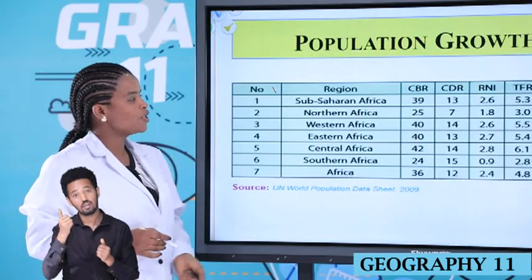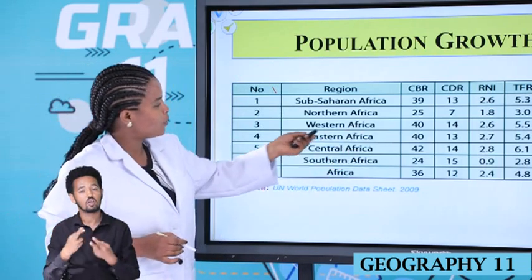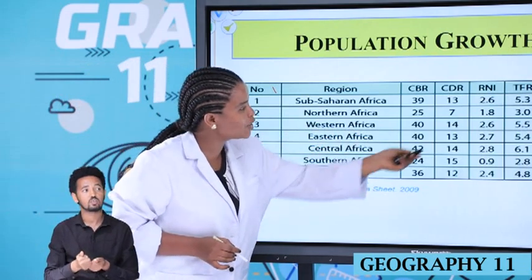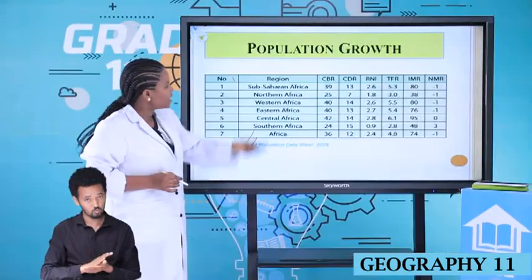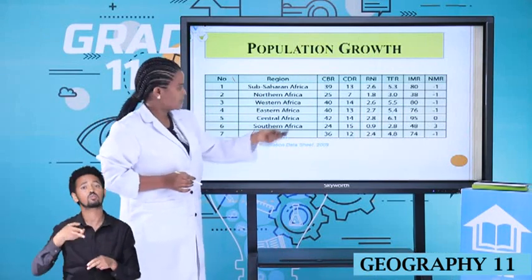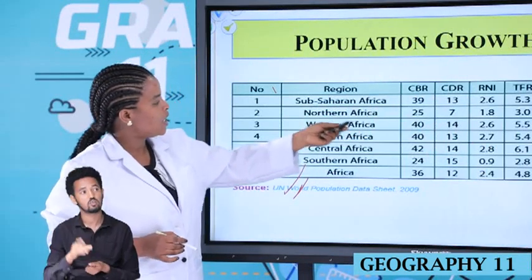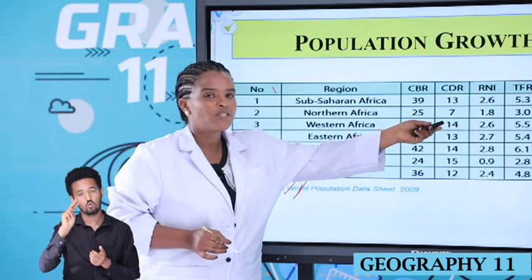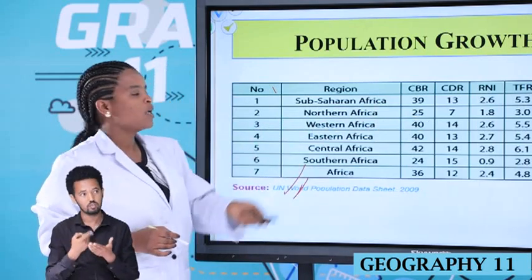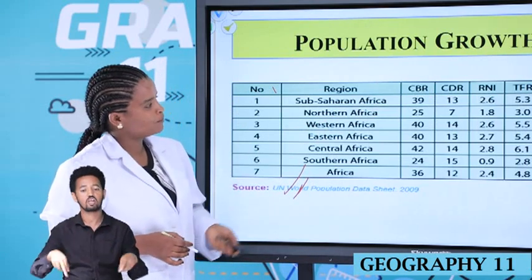According to regions of Africa, when you see crude birth rate, Western Africa, Eastern Africa and Central Africa have high crude birth rate. Generally, most of the African regions have high crude birth rate. Also, when you see crude death rate, North Africa has a lower crude death rate than the rest of the continent because Northern Africa is a more developed region of Africa.